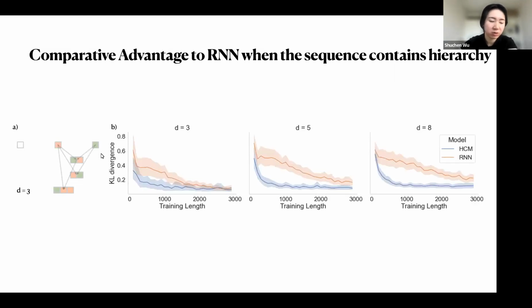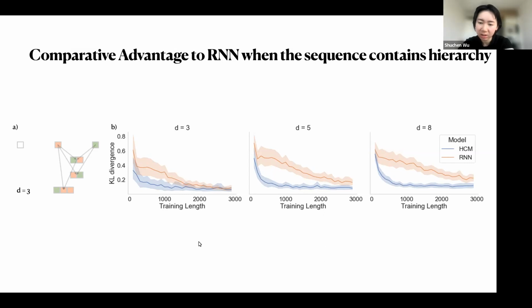Basically, we use the generative model to generate random ground truth graphs, and then evaluate HCM and RNN on their learning performance, how well they learn the representation as compared to the ground truth, and compare their training efficiency.